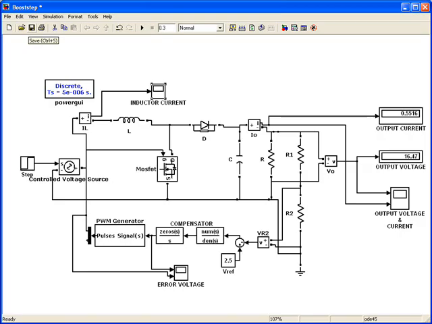This is a simulation circuit using a step input. Here the step input is used to check that for a change in input voltage there is no change in output voltage and output current. To prove this, I am using a step input, and the rest of the circuit is the same as the above simulation, with a step input timing of 0.07 seconds.